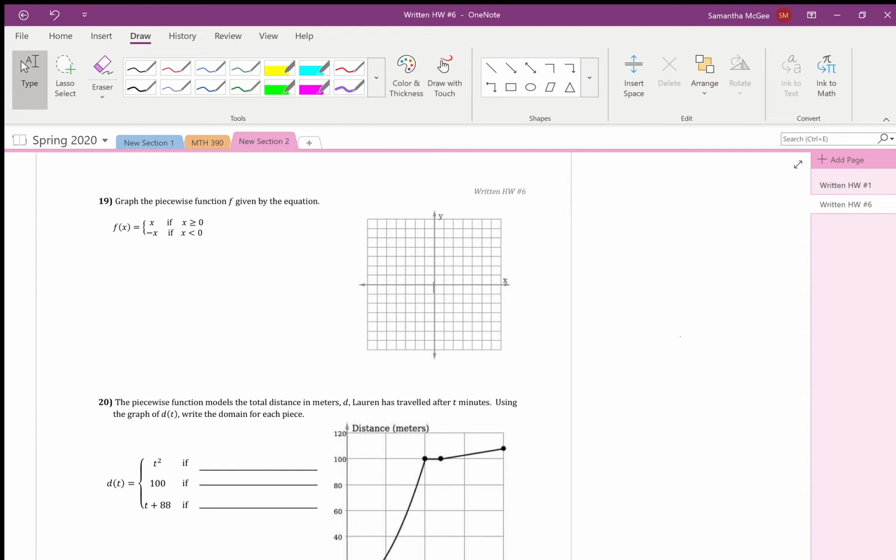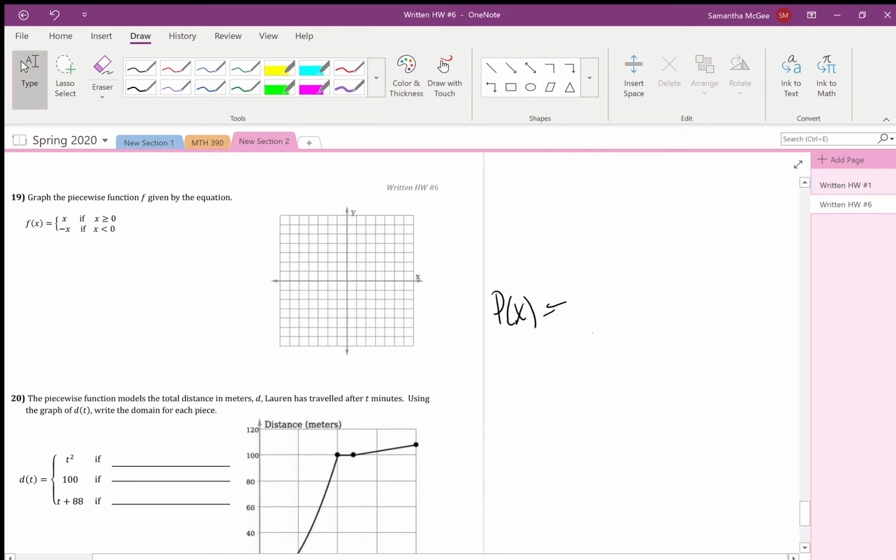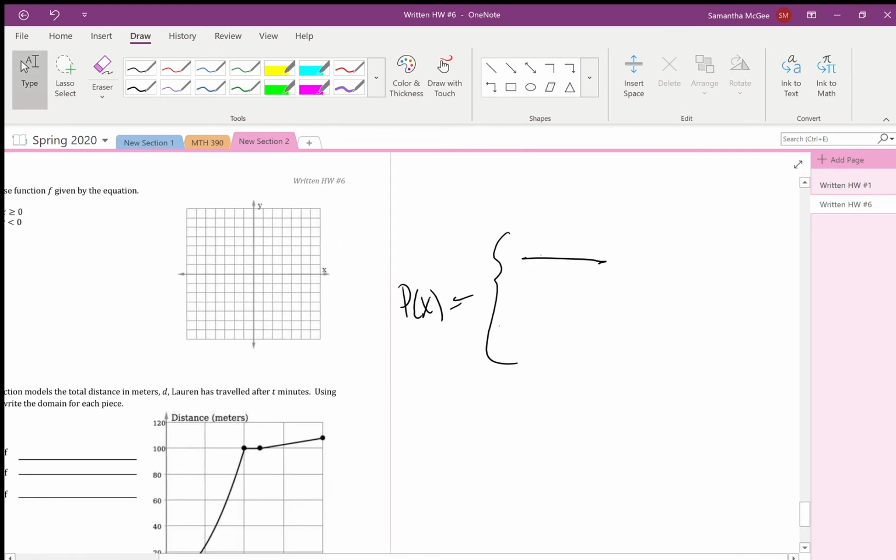All piecewise defined functions have the same structure, right? So you have the name of the function, and then it's going to have the different pieces. Each line is a different piece, and you'll see some sort of equation, if, and then something that follows after that.